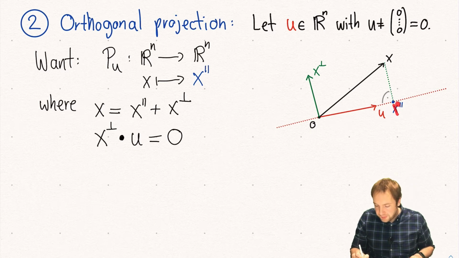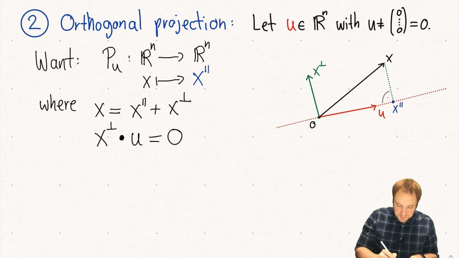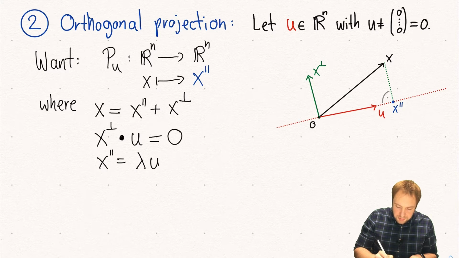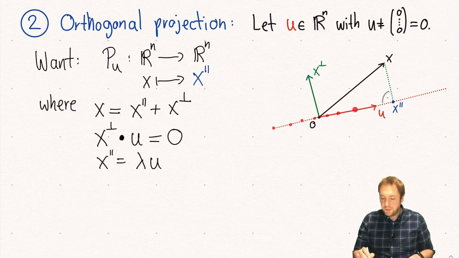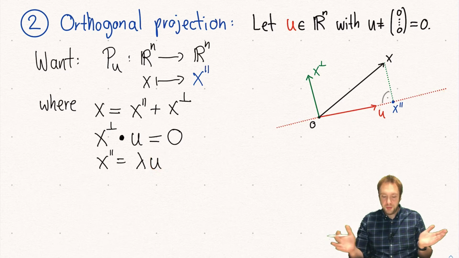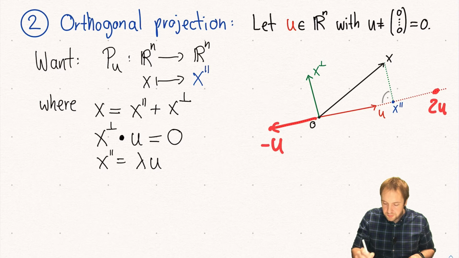And what does this x parallel mean? This means that it points in the same direction as u. So this x parallel is given by some lambda times u. Right? Because all these points on this red line are given by multiplying u with some scalar. For example, here would be 2u, here would be minus u, maybe here would be 1/2 u, and so on.